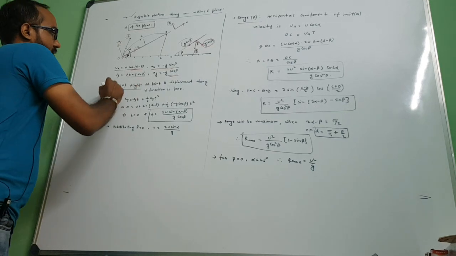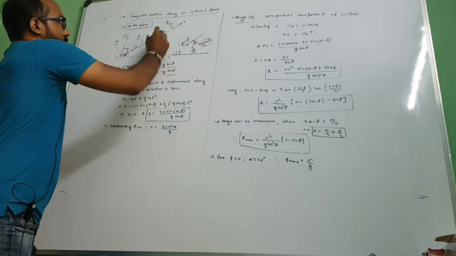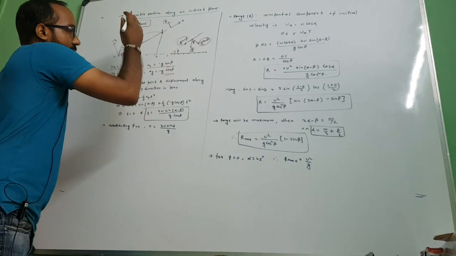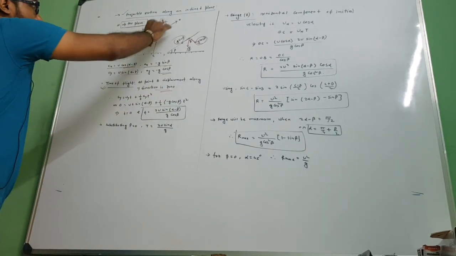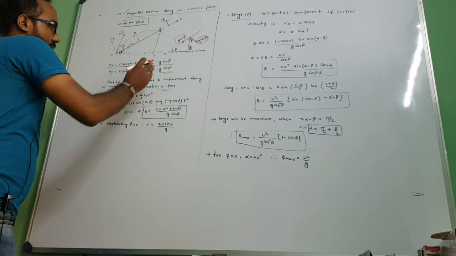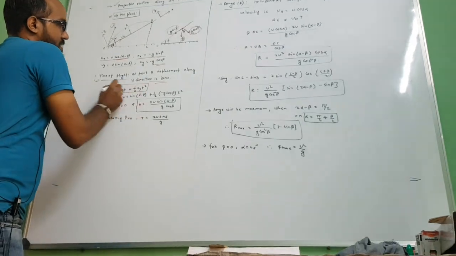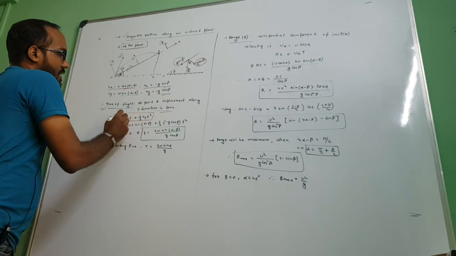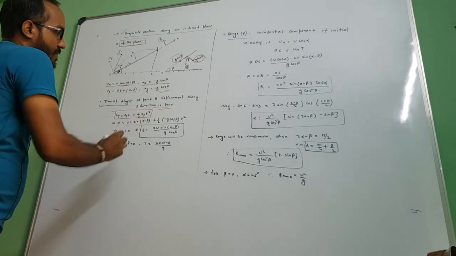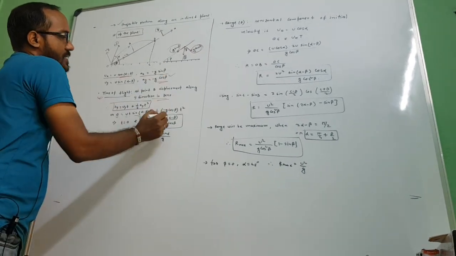Now we have to find the time of flight. At point B the vertical displacement is 0. So we can use sy equals uy t plus half ay t square, where sy is 0, uy is u sin(alpha minus beta), and ay is minus g cos beta.